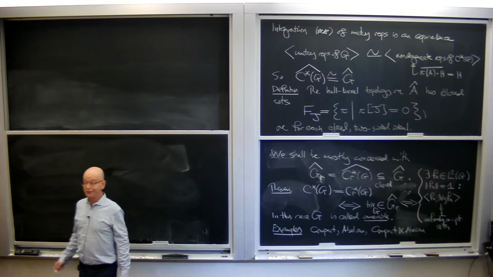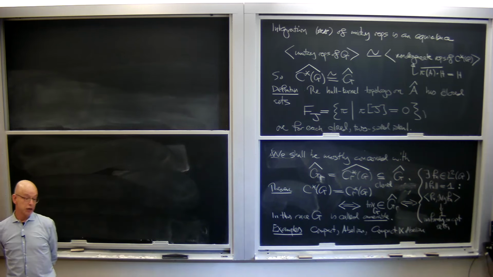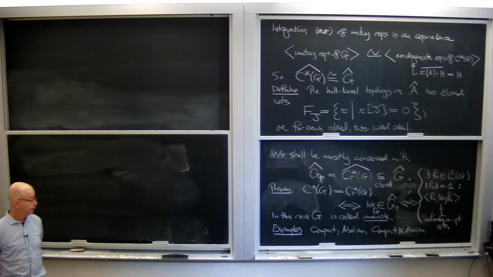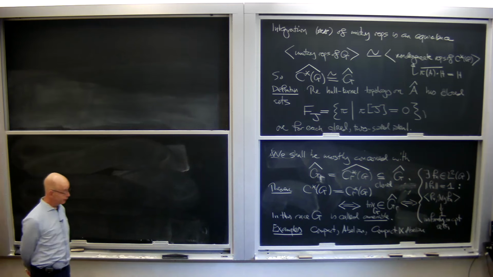That's easy to arrange, for example, on the group G equals R, easy to arrange on a compact group. I mean, you can just choose Fn to be the normalized version of the constant function 1, and you're just done. And it's not possible to arrange on SL2R.